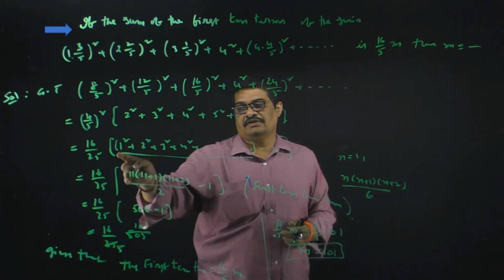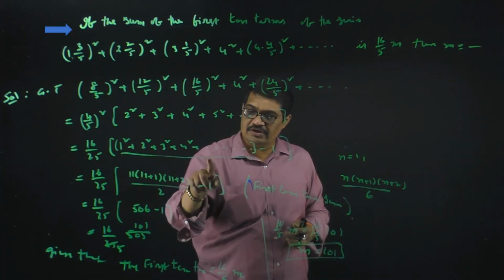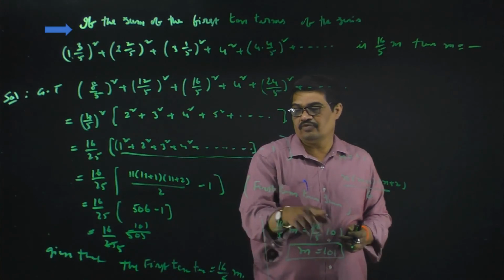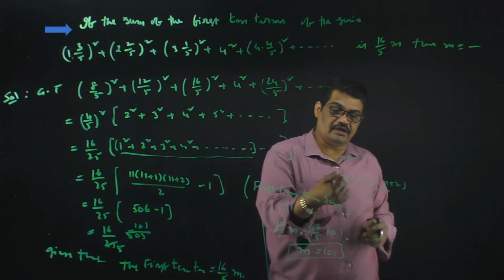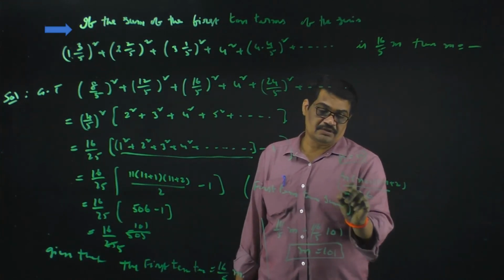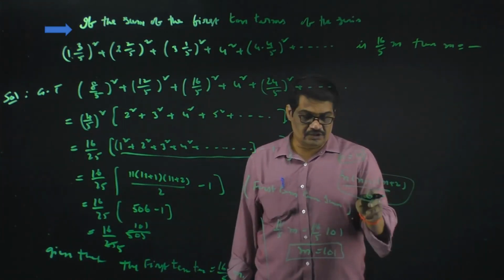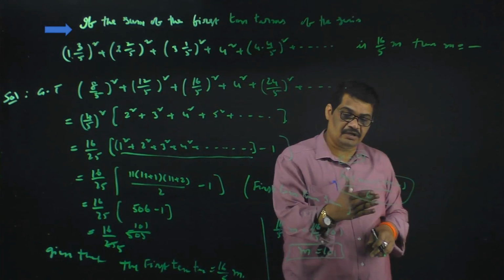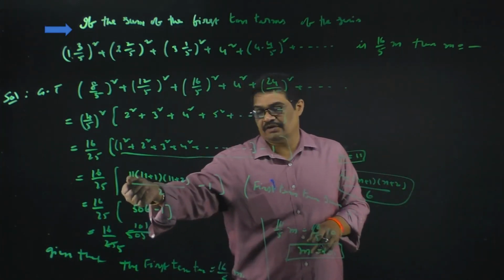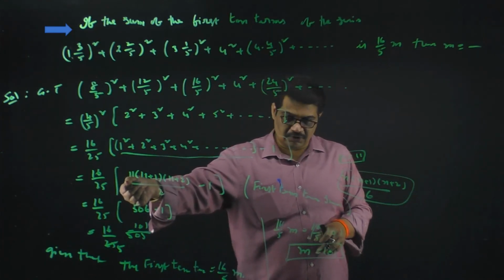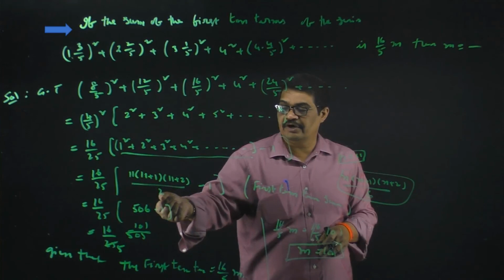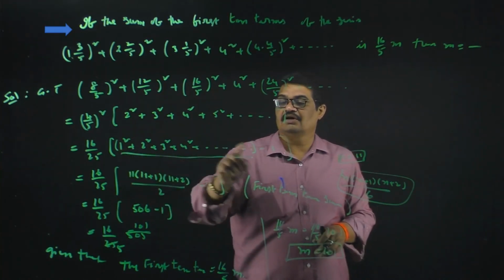So this is the sum of the squares of n natural numbers. Now we have to find the first 10 terms sum, so taking n as 11. The formula for the sum of the squares of n natural numbers is n into n plus 1 into 2n plus 1 by 6. Using that formula, with n as 11, the first 10 terms sum is 11 into 11 plus 1, 11 plus 2 by 2, minus 1.